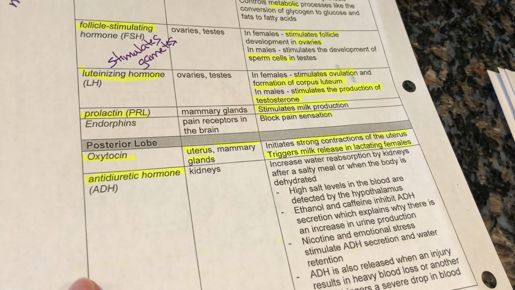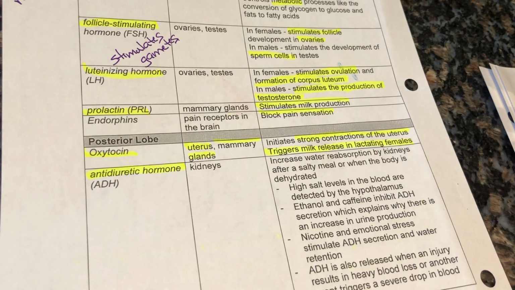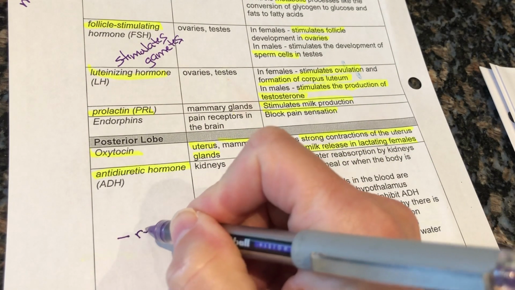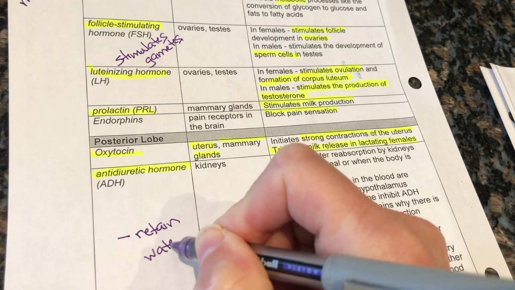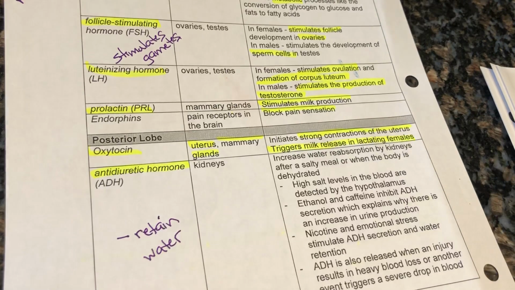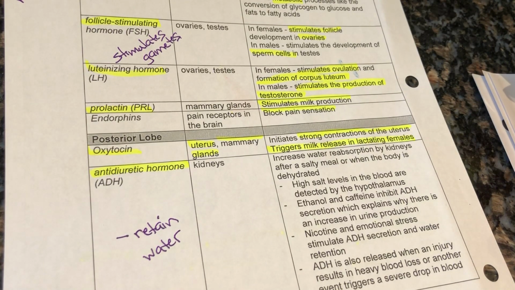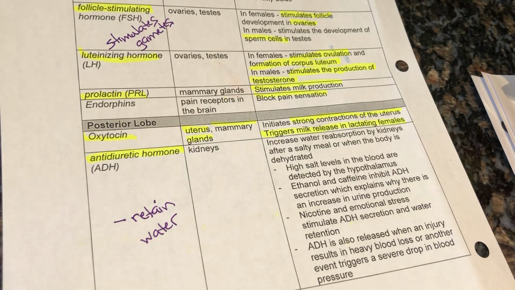ADH, antidiuretic. If you have a diuretic, it's going to make you lose water, okay? An antidiuretic helps you to retain water. All right, so some of your grandparents might be on diuretics because they're retaining extra water due to heart conditions, etc. Antidiuretic hormone does the exact opposite.